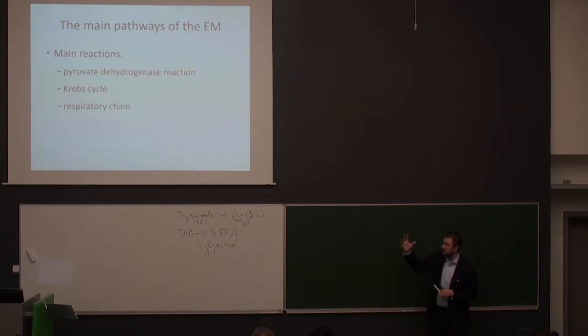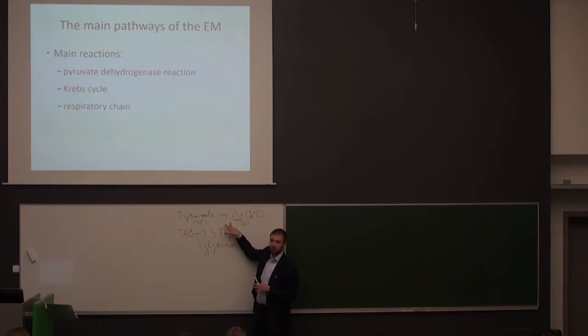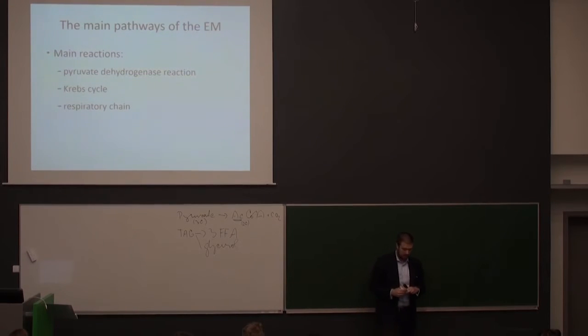But typically, the pyruvate dehydrogenase reaction is taken together with the Krebs cycle, and therefore we say that it's one big heart of the energy metabolism. But sensu stricto, this is the catabolic process, for here you release carbon dioxide as the side effect of the whole reaction.